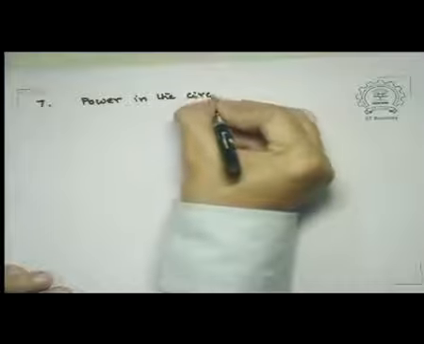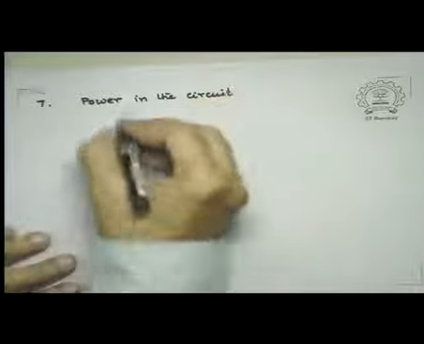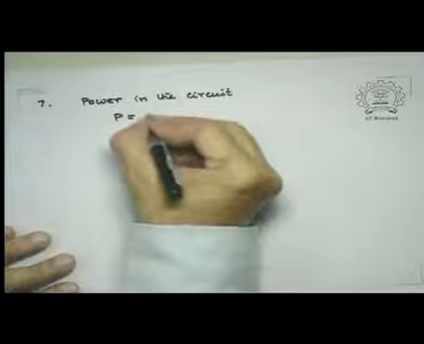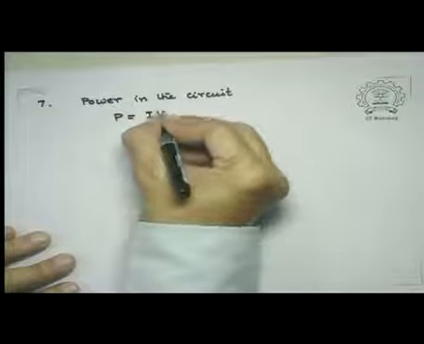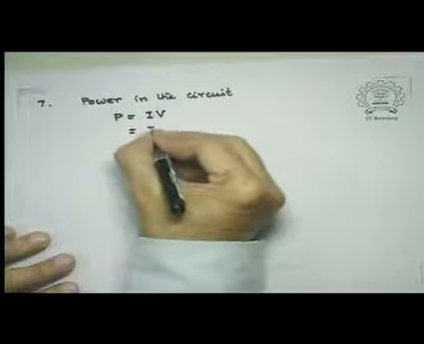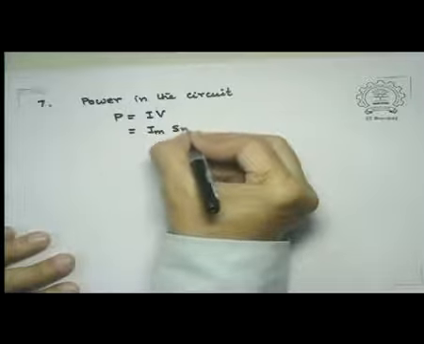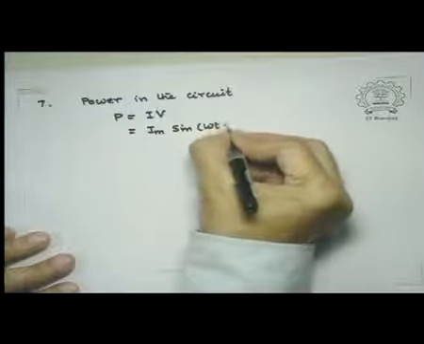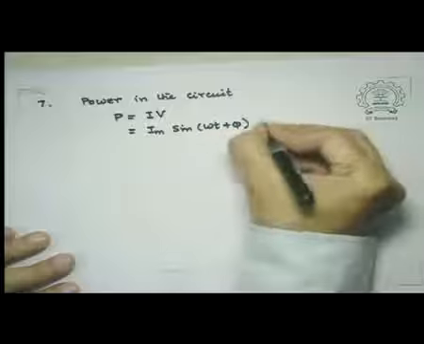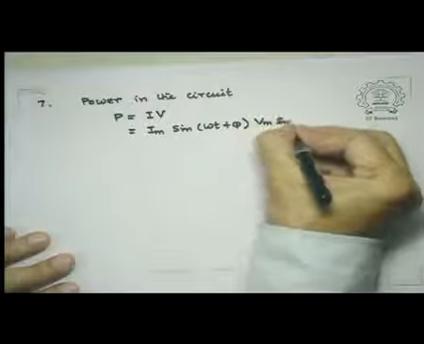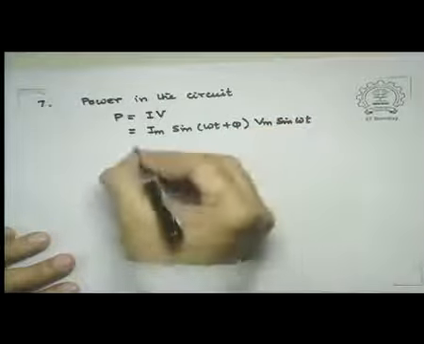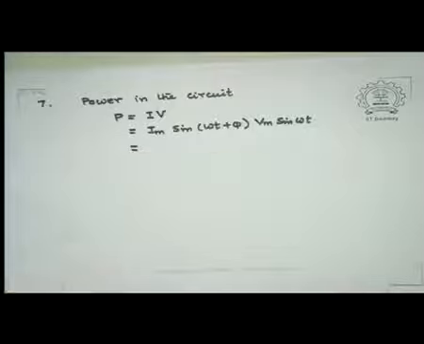The power in the circuit, which is given by I times V, is equal to Im sin of omega t plus phi into Vm sin omega t, and on expanding sin of omega t plus phi, we get two terms.